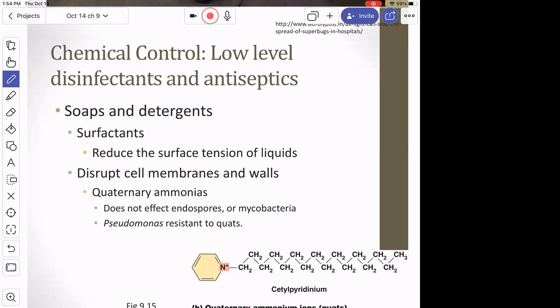Okay, so right, the last unit we talked about transformation, where a live cell could take up the DNA from a dead cell. So I guess what you're getting at is, if we're killing these organisms, is there potential that they can still spread their DNA to other organisms?